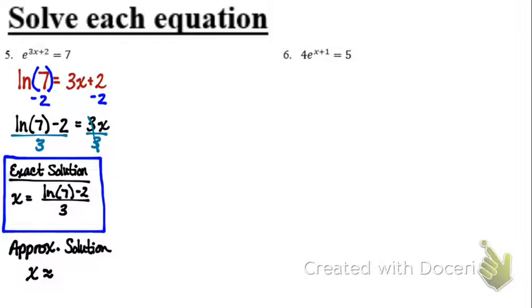So our exact solution is the natural log of 7 minus 2 over 3. We now want to get a decimal approximation by putting that into the calculator.